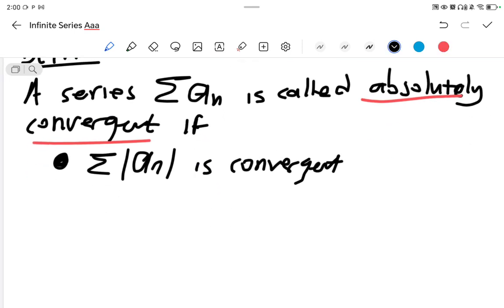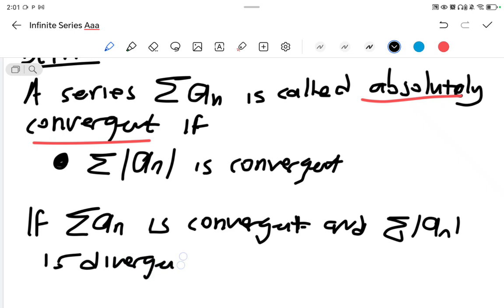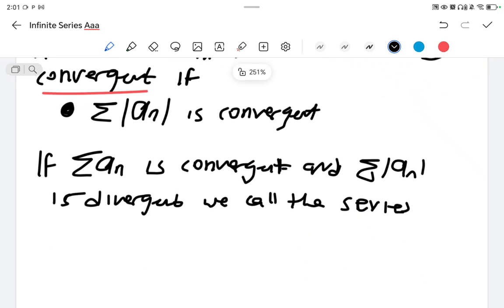Then now we say that if the summation of an is convergent and the summation of the absolute value of an is divergent, we call the series conditionally convergent.